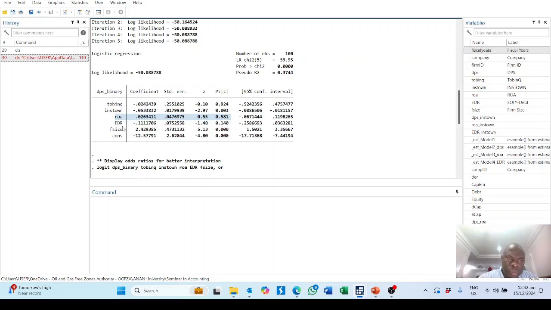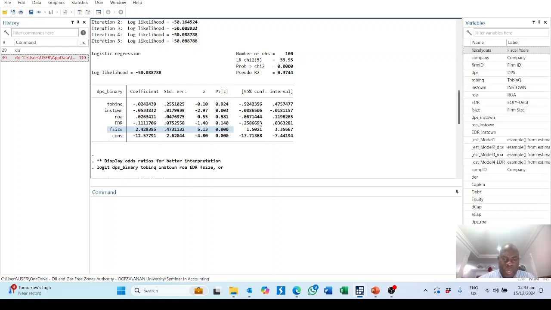Equity to debt ratio is negative, and it is not statistically significant. Firm size is positive and highly significant at the 1% level of significance. So that is how to actually interpret the binary logistic regression.